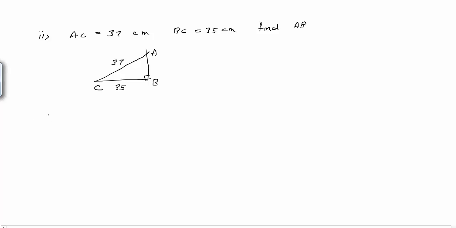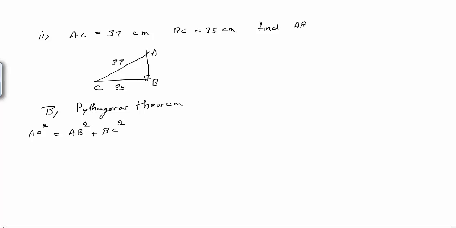So I will say that by Pythagoras theorem, AC square is equal to AB square plus BC square.